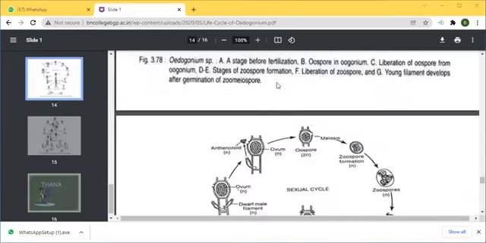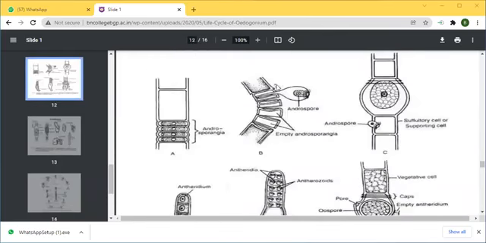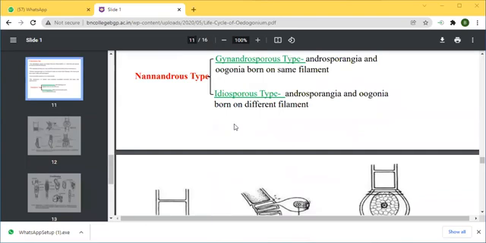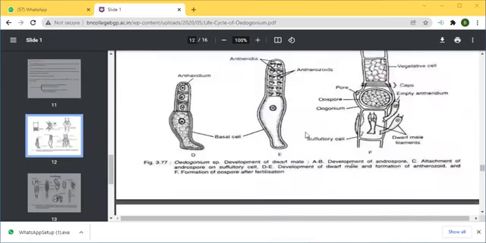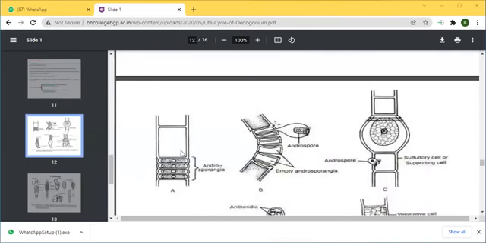Here, after this, you can observe this picture, girls. You can observe the Oedogonium dwarf plant development. These are the androsporangia, which produce androspores. These androspores look like zoospores, but the size is different.